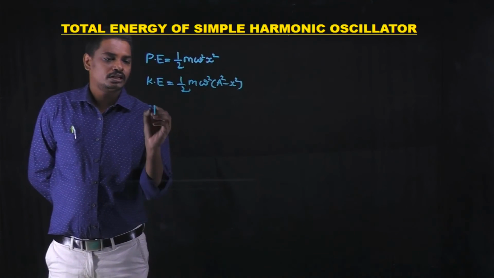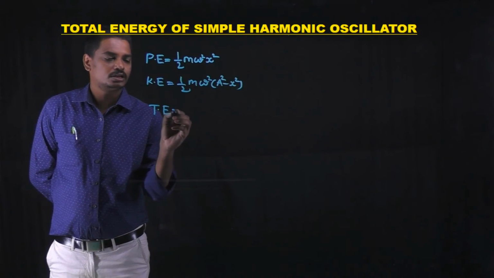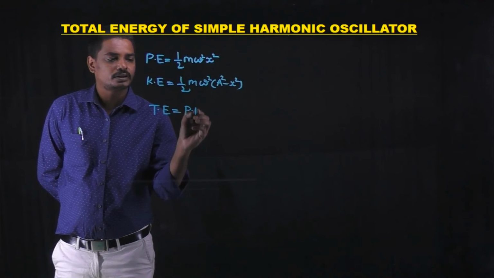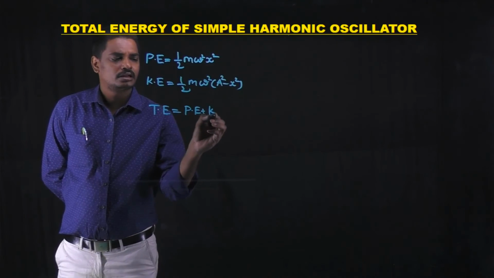So the total energy of the simple harmonic oscillator is nothing but potential energy plus kinetic energy.